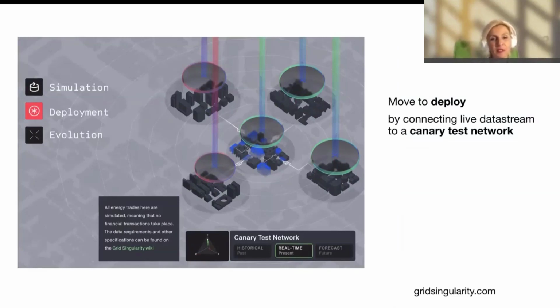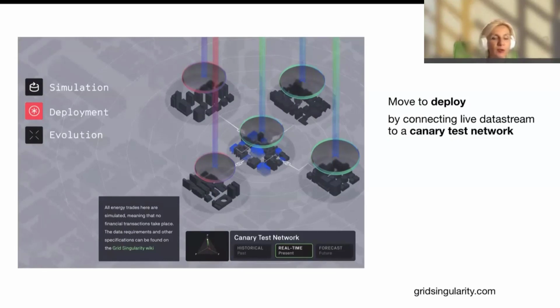The deployment is where we are currently. This is the stage that we're at as a company. At the moment, we are undertaking a number of pilot projects where communities connect to the exchange through a Canary test network, meaning that a live data stream is connected to the exchange.